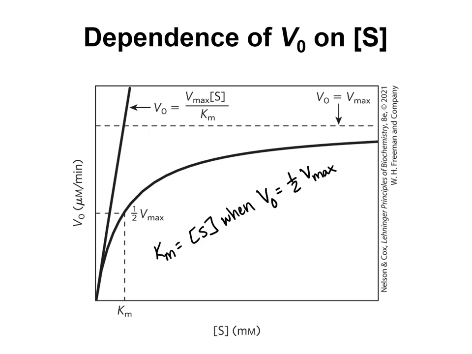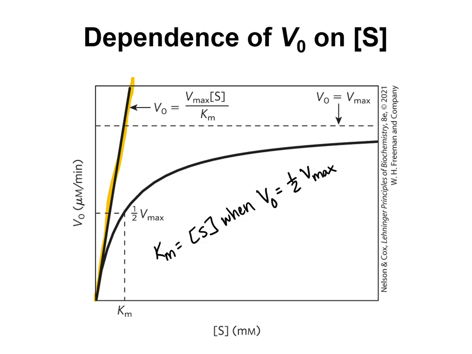You can see this tangent line. I'm going to highlight it. That's the V naught. The slope of that is Vmax times the substrate concentration over Km.